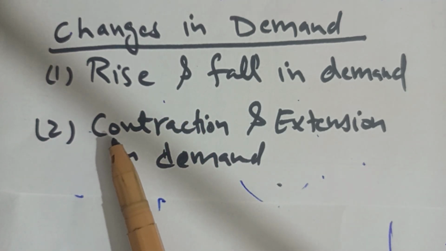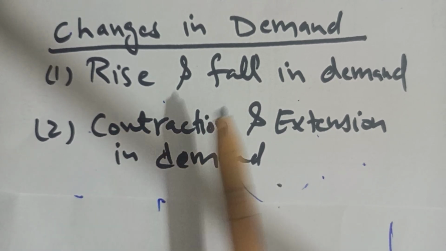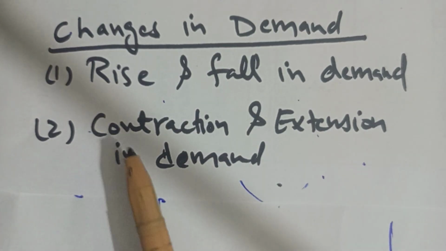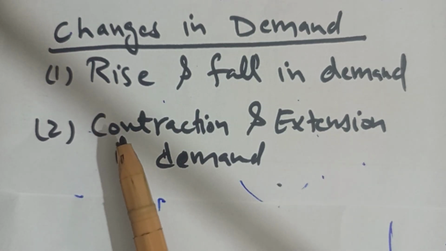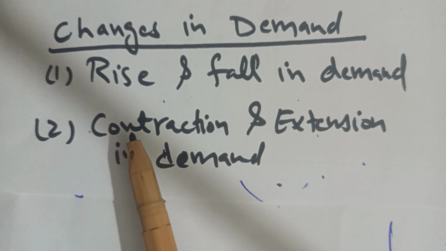Number two, contraction and extension in demand. Extension in demand means the increase in demand due to a decrease in price. And contraction in demand means the demand decreases due to an increase in price.